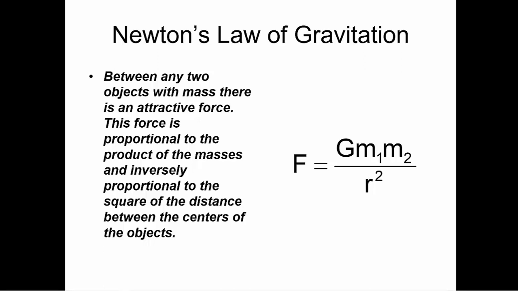I don't know if anybody does really. Just about everybody who uses it would use the metric system. Anyway, it's a proportionality constant is what it is. Then m1 would be the mass of one of the objects, m2 is the mass of the other object, and r is the distance between the centers of the two objects, and that r is squared.